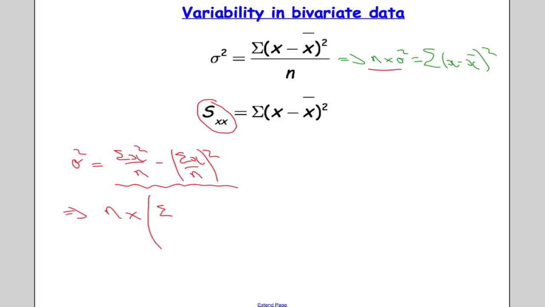so let's put this in here: mean of the squares minus the square of the mean.